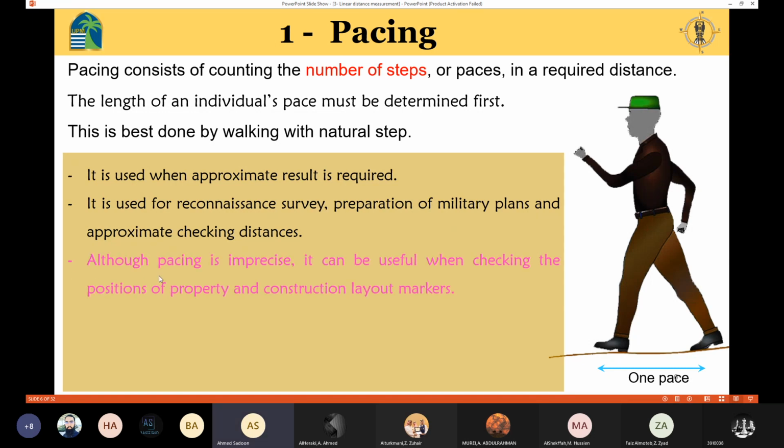So although pacing is imprecise, it can be useful when checking the positions of property and construction layout marks. We know that this method is imprecise, but useful to check the position of the property and the construction layout marks at the job site.